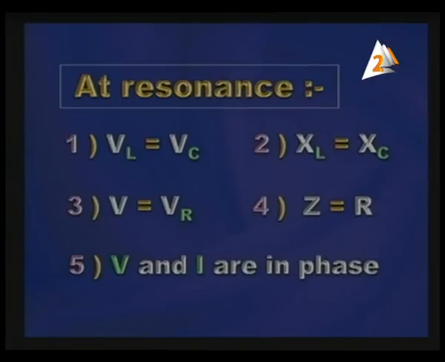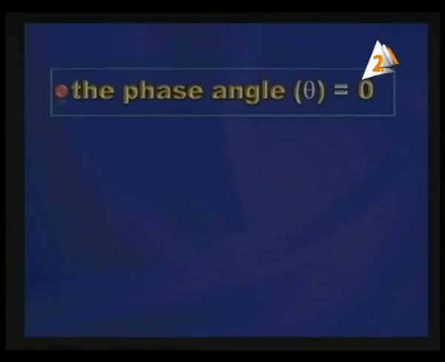Thus, when we reach a resonance state, VL equals VC, XL equals XC, total voltage equals the voltage across the resistor, Z is equal to R, V and I are in phase. So the phase angle between total voltage and current is 0.